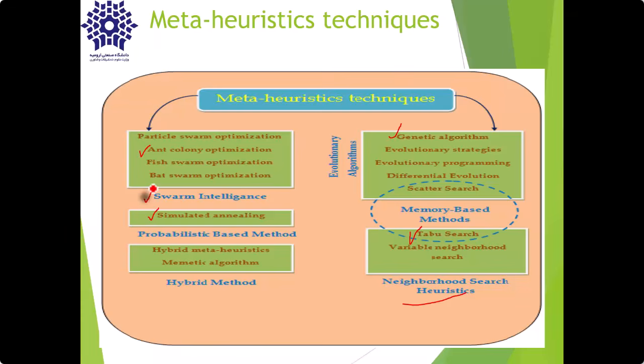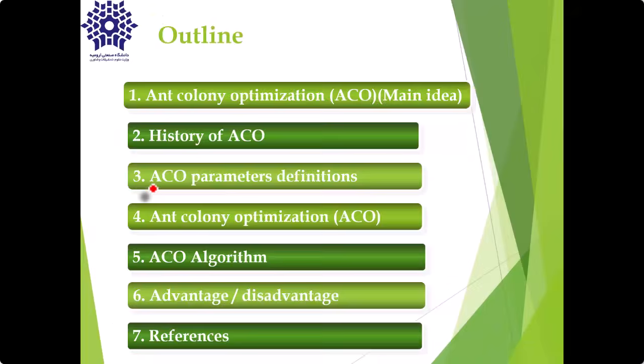Scientists studied the behavior of animals or other things in nature, tried to understand them, and based on them presented algorithms that we can use in solving optimization problems.